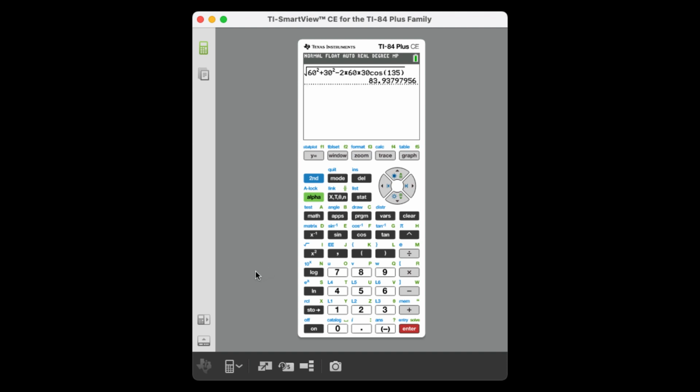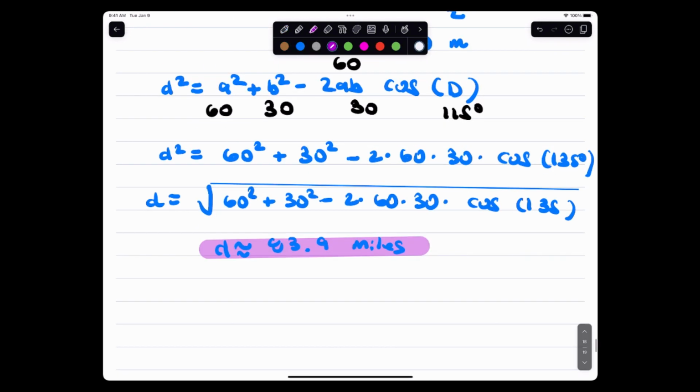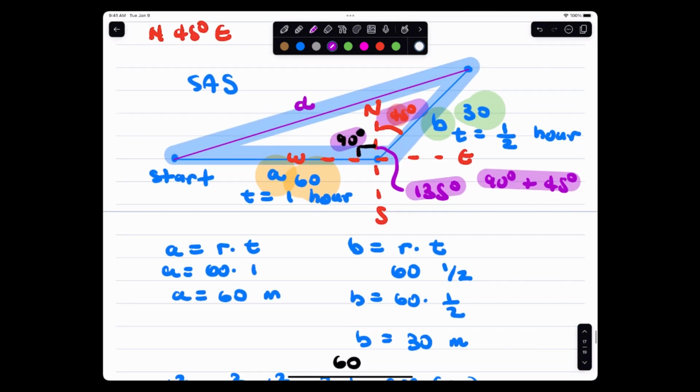It could be if you went to the whole number. But what we've been doing is distance to the nearest tenths, angles to the nearest whole number. So that distance is 83 point what? 9, looks like. Yeah. That's the distance, 83.9 miles in this one.